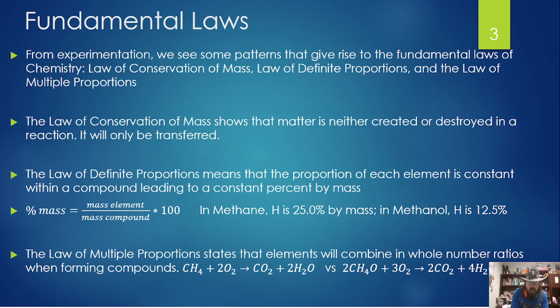You're not going to get a half of a molecule. If I do methanol, you need 2 methanol molecules and 3 oxygens to get 2 CO2s and 4 waters. If I did it with any lower number of combination, you would have half of an oxygen molecule in order to make that work.